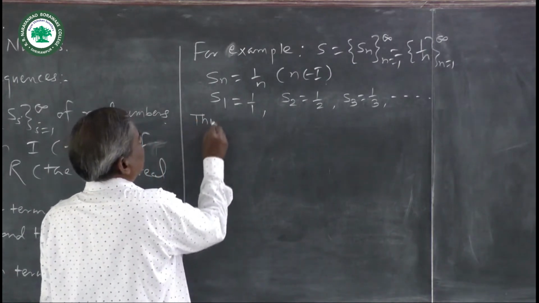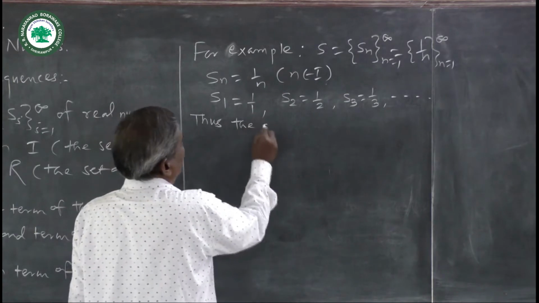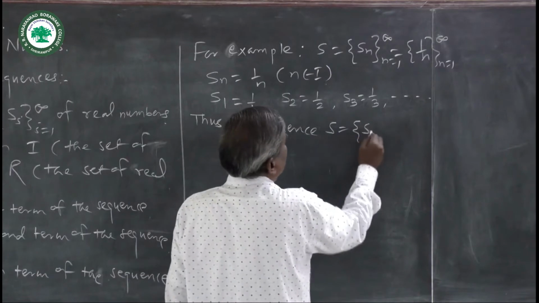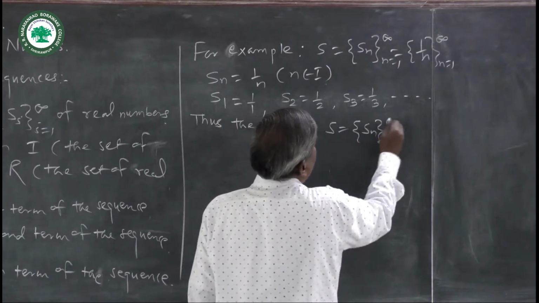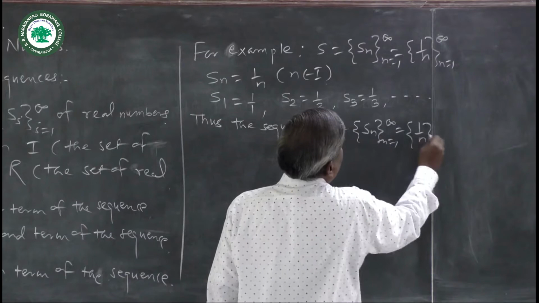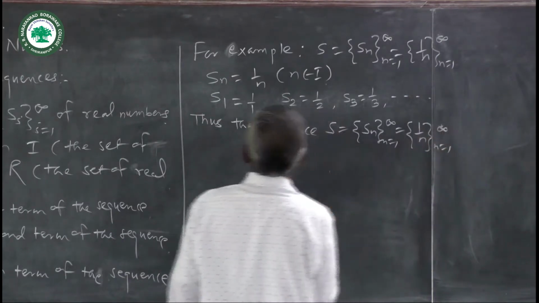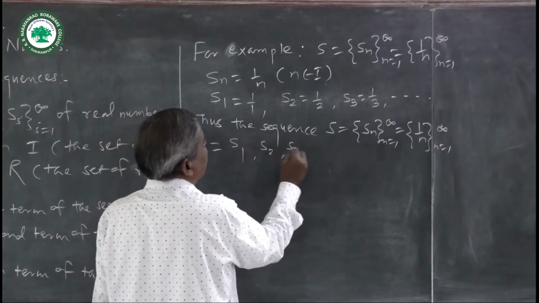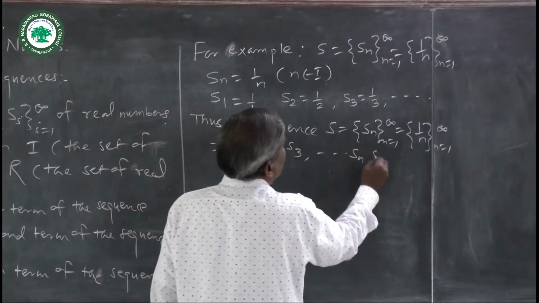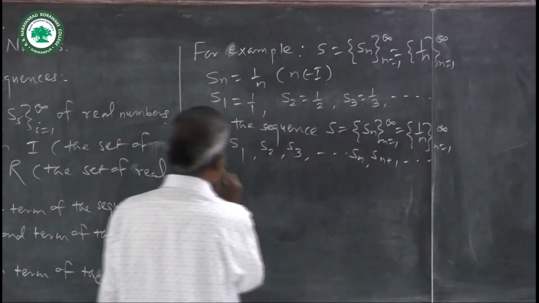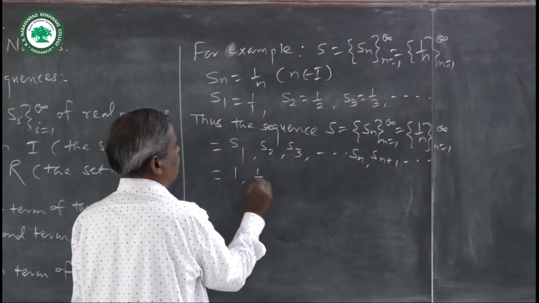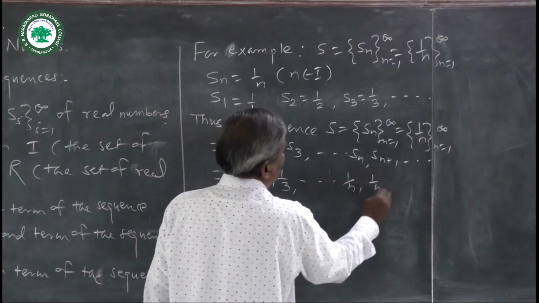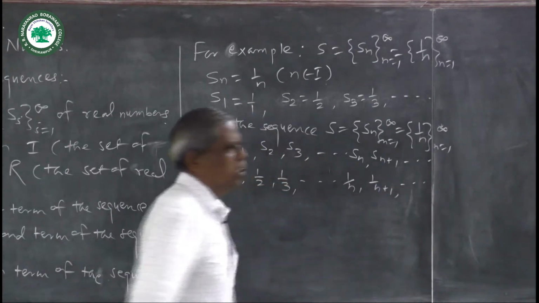Thus, the sequence S is equal to S suffix n, n is equal to 1 to infinity, is equal to 1 by n, n is equal to 1 to infinity, is equal to S1, S2, S3 and so on, S suffix n plus 1 and so on, is equal to 1, 1 by 2, 1 by 3 and so on, 1 by n plus 1 and so on up to infinity.